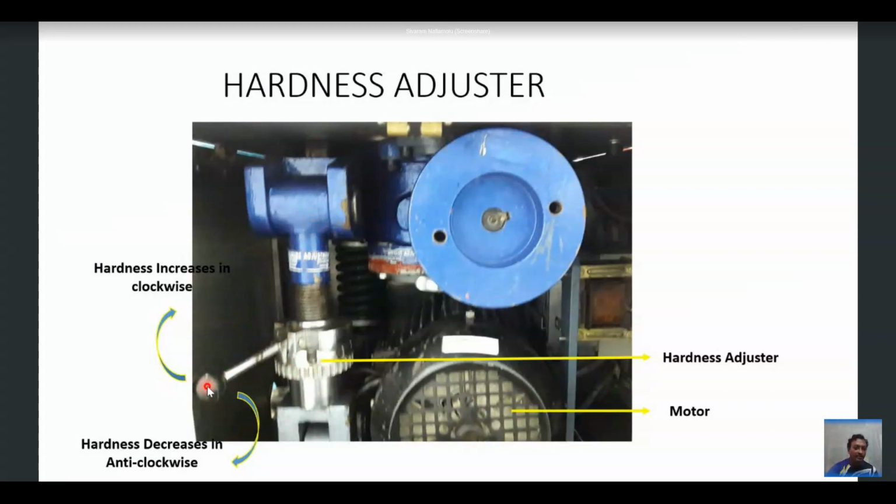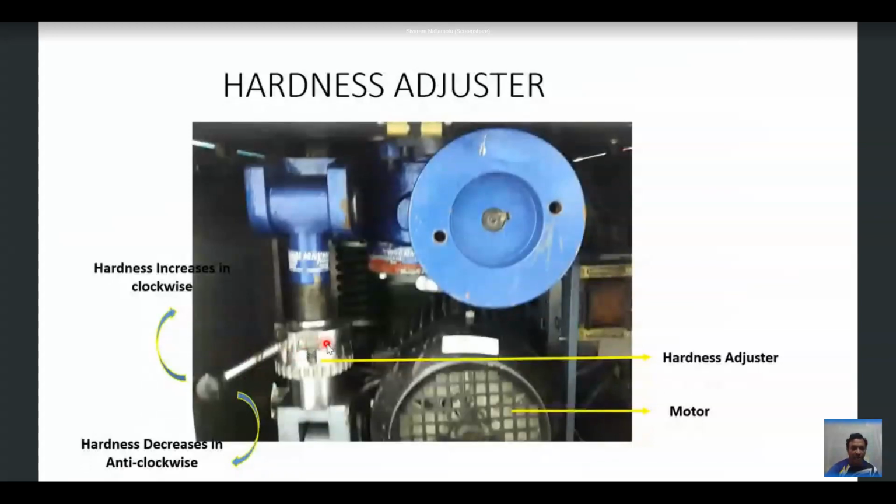When you move this lever in an anti-clockwise direction, the hardness decreases, as this lever here makes this tool come down. So in this way, the tablet hardness can be increased or decreased by moving this lever either in a clockwise direction or in an anti-clockwise direction. So this is the hardness adjuster.